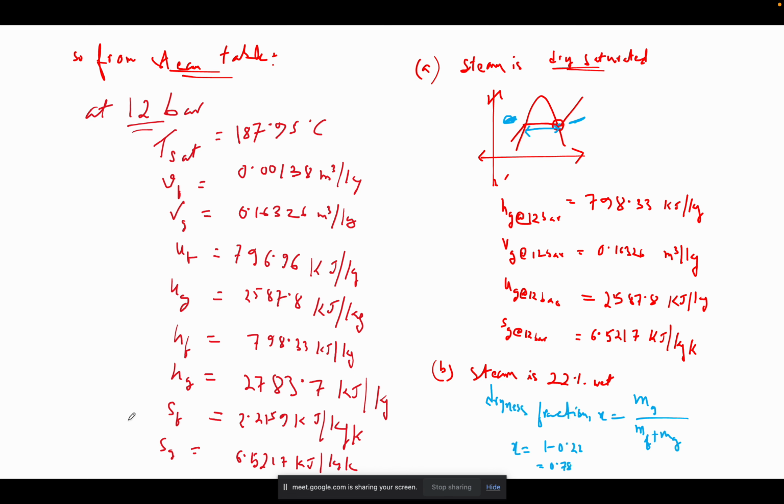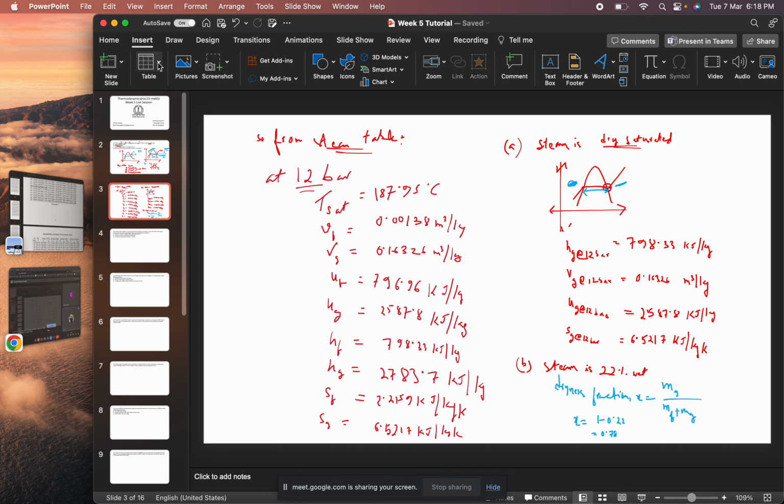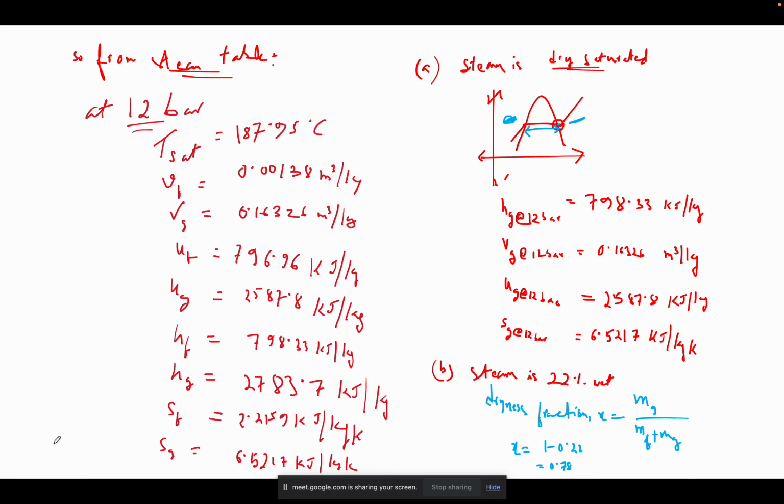Now we got our X, 0.78. Now our point is here, so it has got some value.